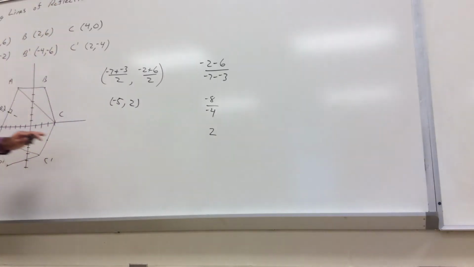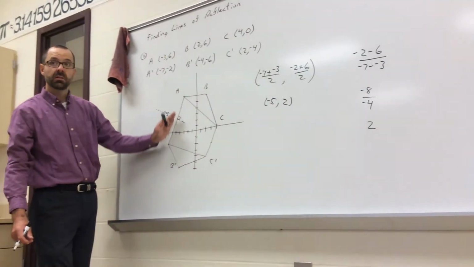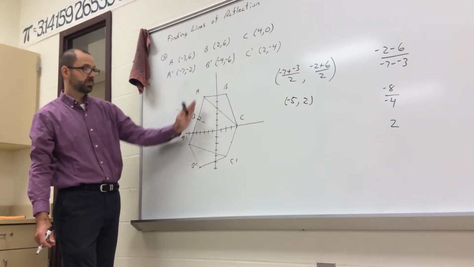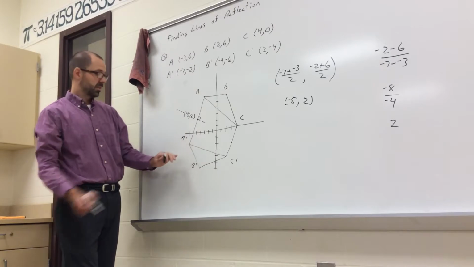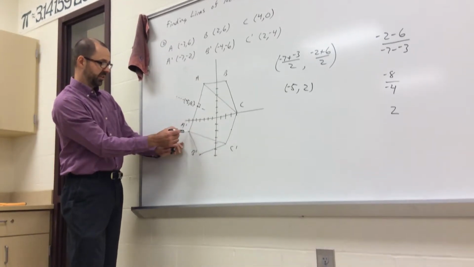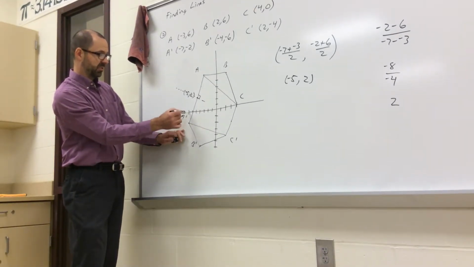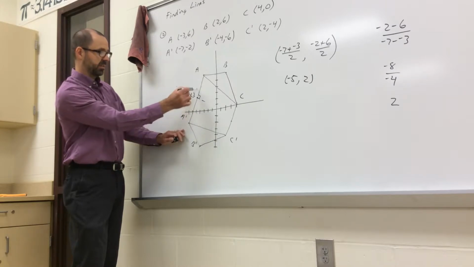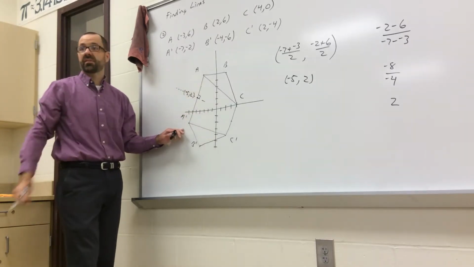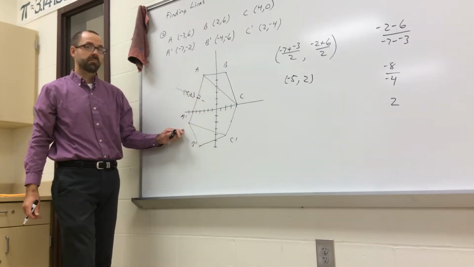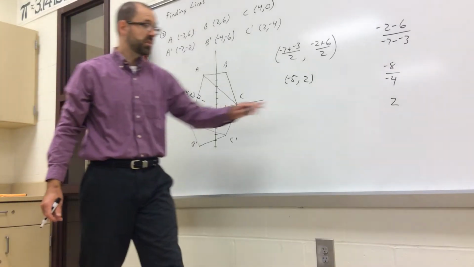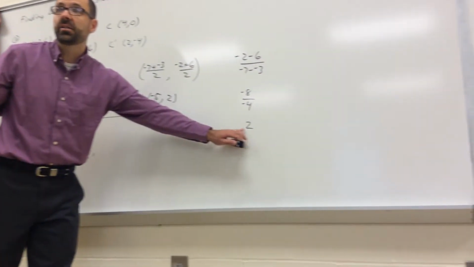So that means that the slope of this line is 2. So that's up 2 over 1. You can see that that happens on your graph. Up 2 over 1, up 2 over 1. That's the slant of the line. Okay, so this is the slant of the connector line.